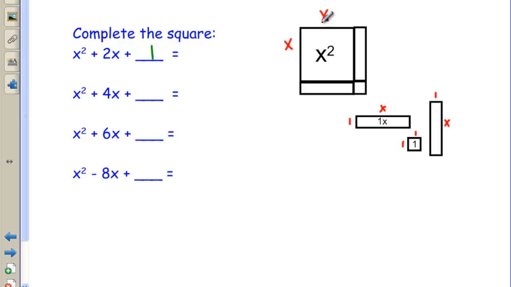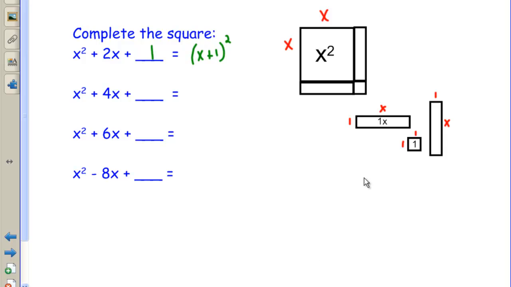Now, look at the new dimensions, the width and the length of the square. It is now x plus 1 by x plus 1. So you would say that that is x plus 1, the quantity squared.